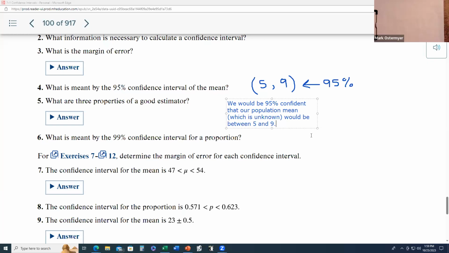Now, suppose for this same population, I built a 99% confidence interval, and suppose that my 99% confidence interval had these limits on it. CI is short for confidence interval.